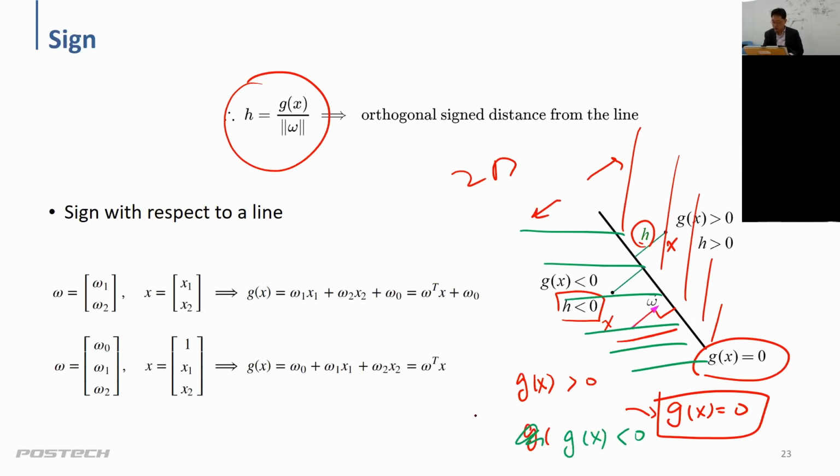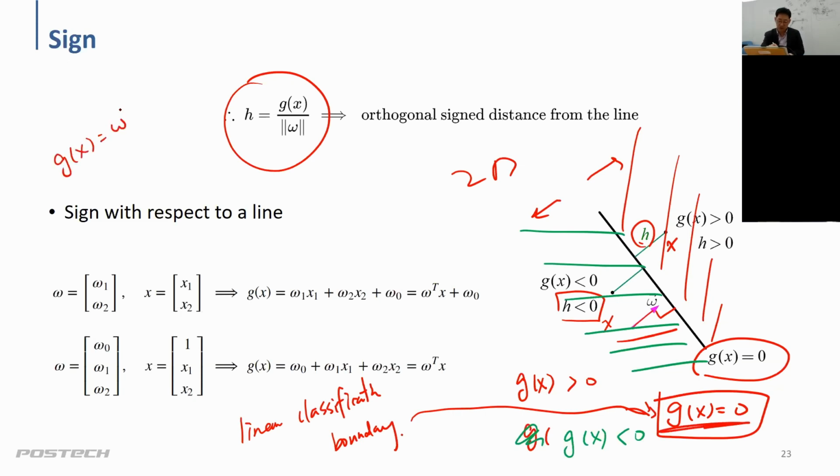So this will be the linear classification boundary. Okay. That's why, and we know that G of X is omega transpose X. Good. That's why it's so important to find out the proper values of omega.